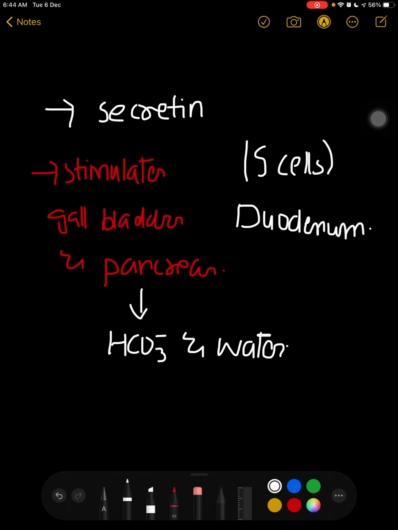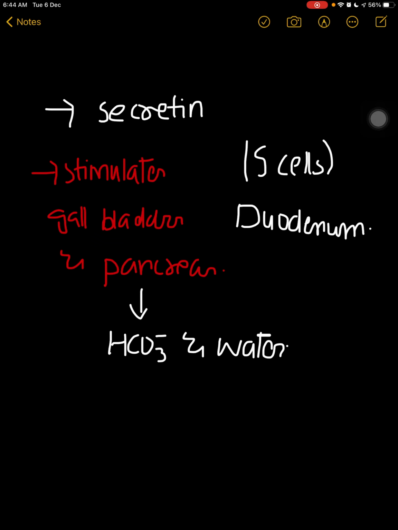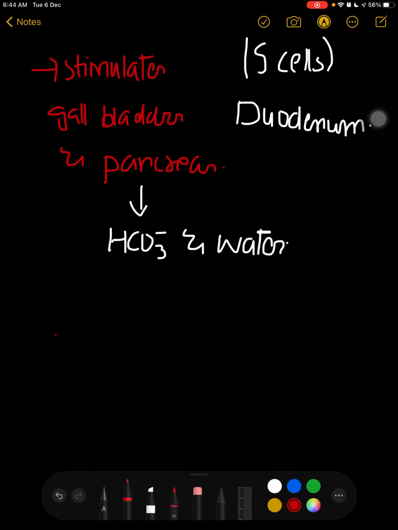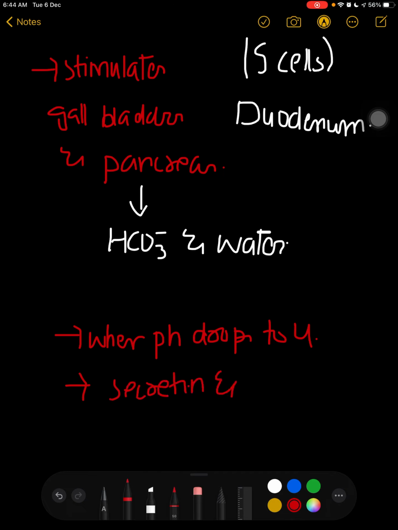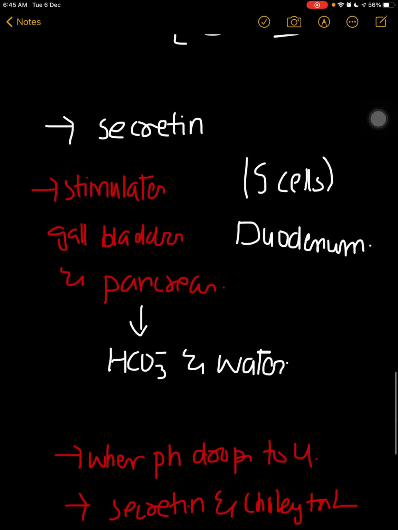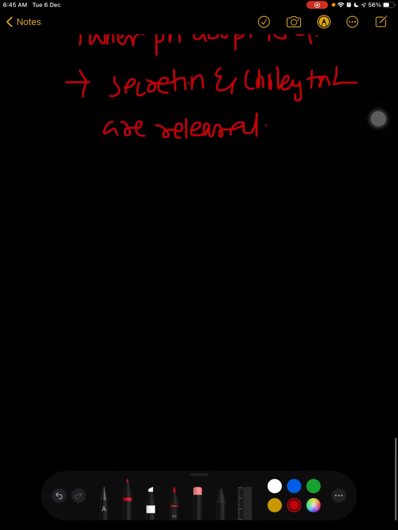Whenever the pH in the duodenum drops to 4, secretin and cholecystokinin are released, right?